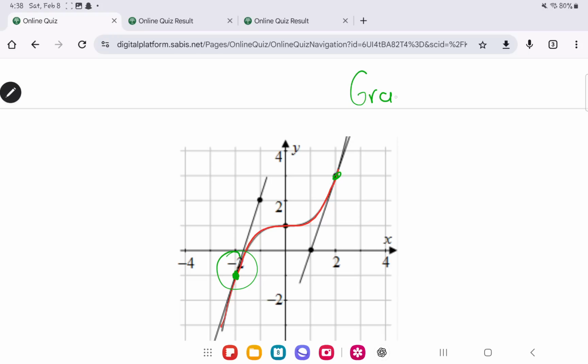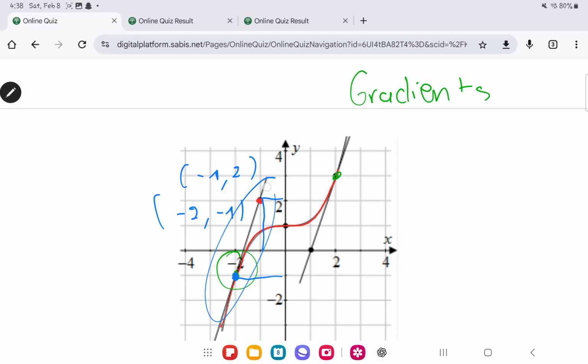So to do that, let us find the gradients of these two lines. Very simply, we can just take 2 points, let's say these 2 points, and find the slope. First of all, this point is at an x of minus 1 and a y of 2. And this is at an x of minus 2 and a y of minus 1.